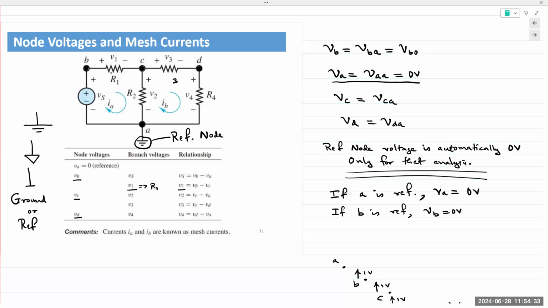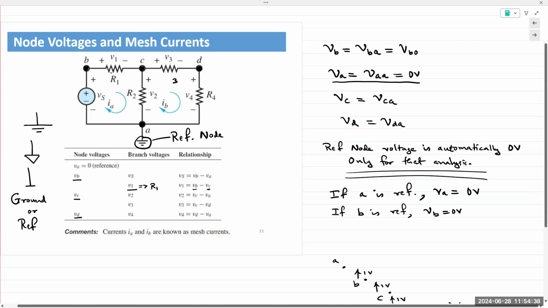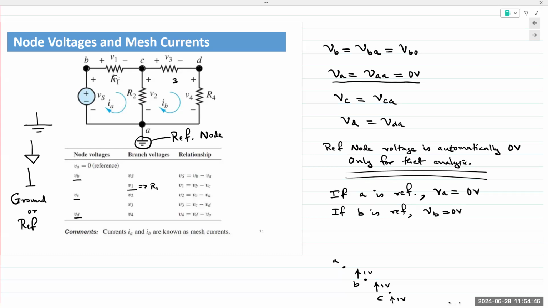Voltage across R1 is the difference between B and C. R1 is connected between B and C. So we have to note which end of R1 is plus and which end is minus. Plus and minus, the polarity, is simply indicating which end is higher potential than the other one. That's all it indicates. So in this case, with reference to C, B is higher because B is plus and C is minus. So V1 is VB minus VC.